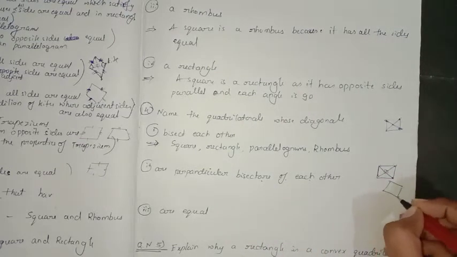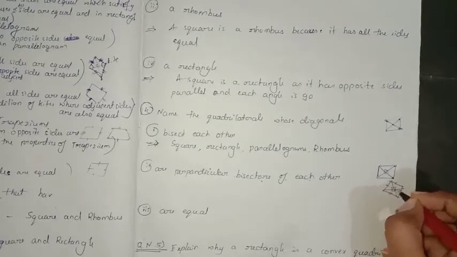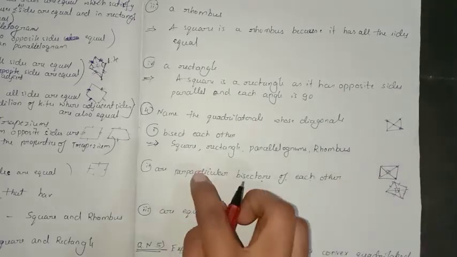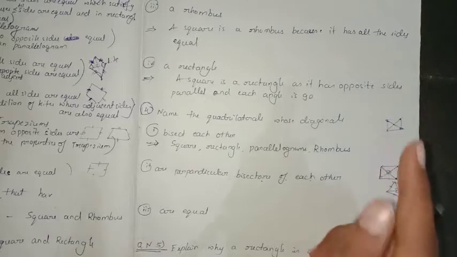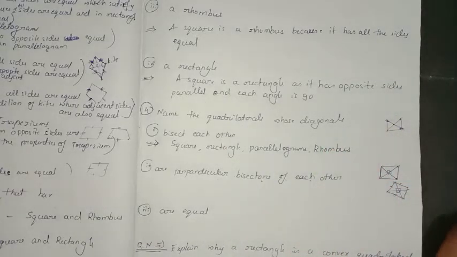In a kite the adjacent sides are equal to each other, and the diagonals bisect at a 90-degree angle. It is not the case in a rectangle, it is only in a square.